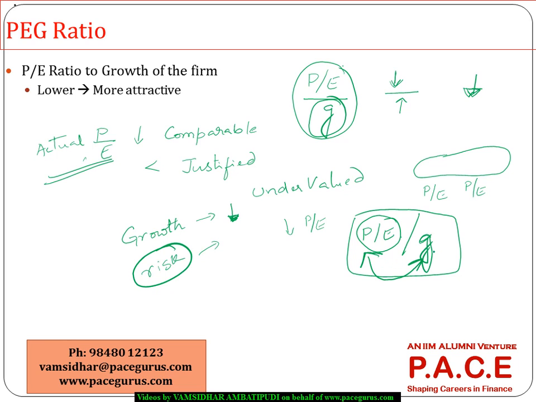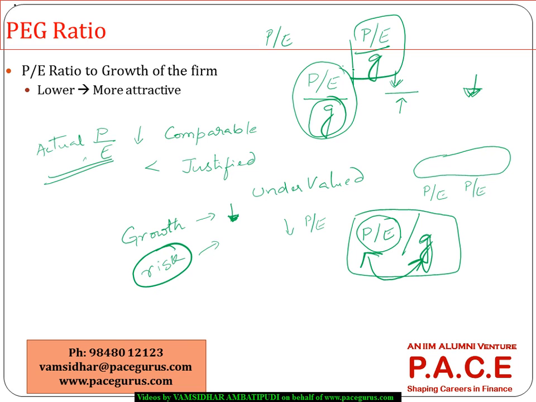So though it is a better comparison, it still has its own limitations, and these also need to be looked at by the analyst. But rather than looking at P/E in isolation for the valuation of the firm, to identify a better security, looking at the P/E to growth ratio is always an advisable thing in the process of valuation.